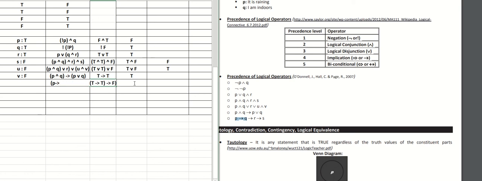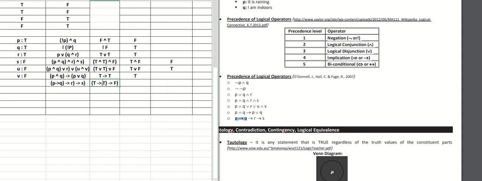Now that we have here an answer, we get the value of, if true then true, it's still true. Then we copy the implication operator and copy this one here, then false.